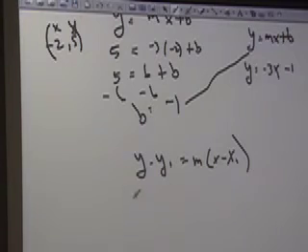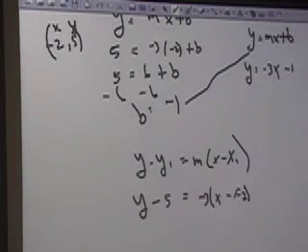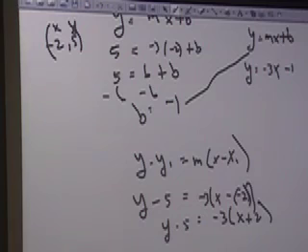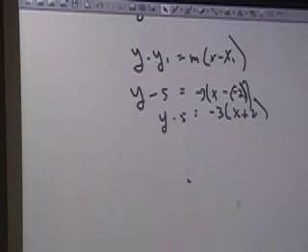So we'll go y minus 5 equals, again, we have our slope. They gave it to us from the beginning, -3, times x minus -2, which of course is going to give us a positive. Y minus 5 equals -3 times x plus 2.